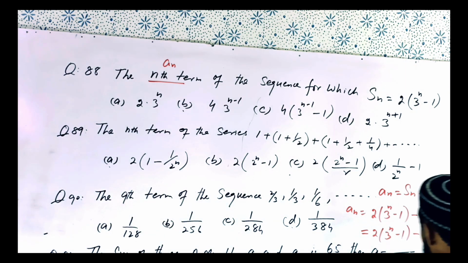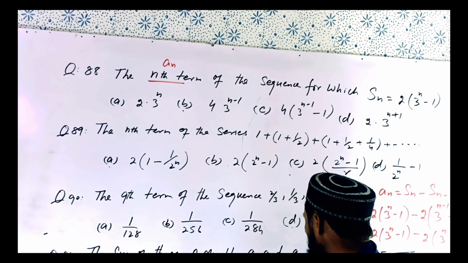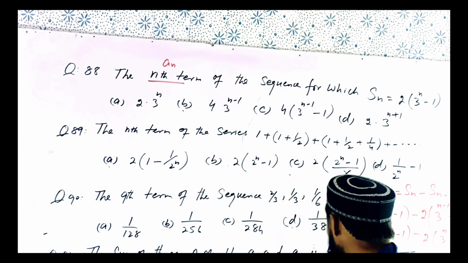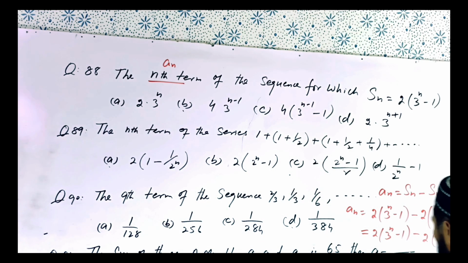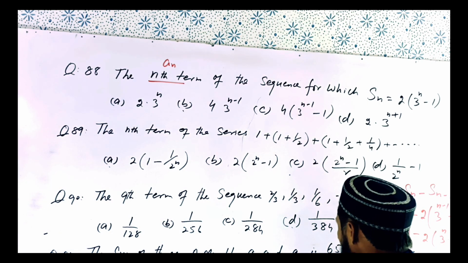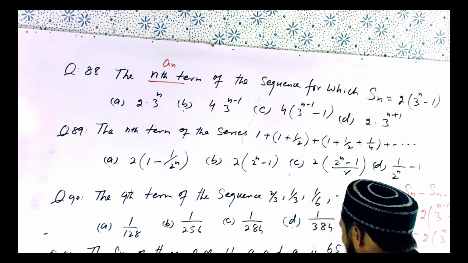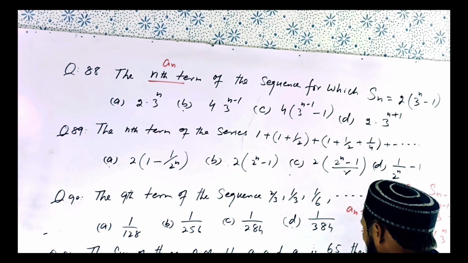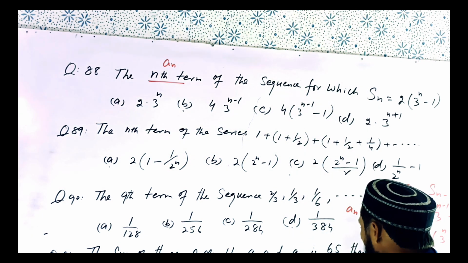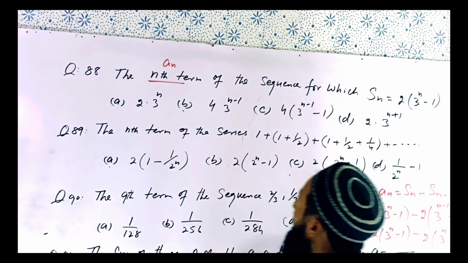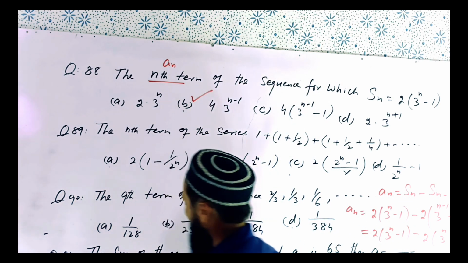If we further simplify this result, 2 into 3 power n and 2 divided by 3, so 2 multiplied by 2 we get 4, and 3 with power 3 power n minus 1. So look here, B is the correct option.